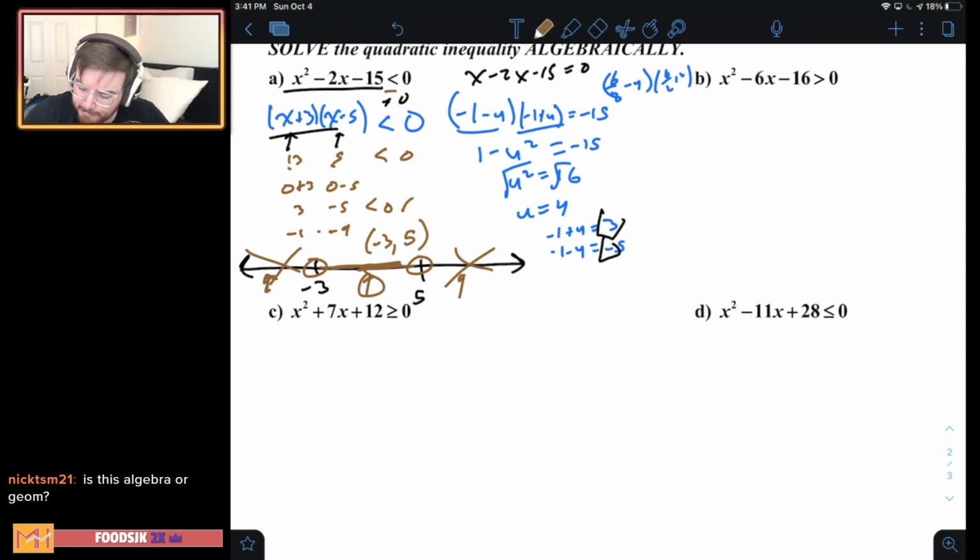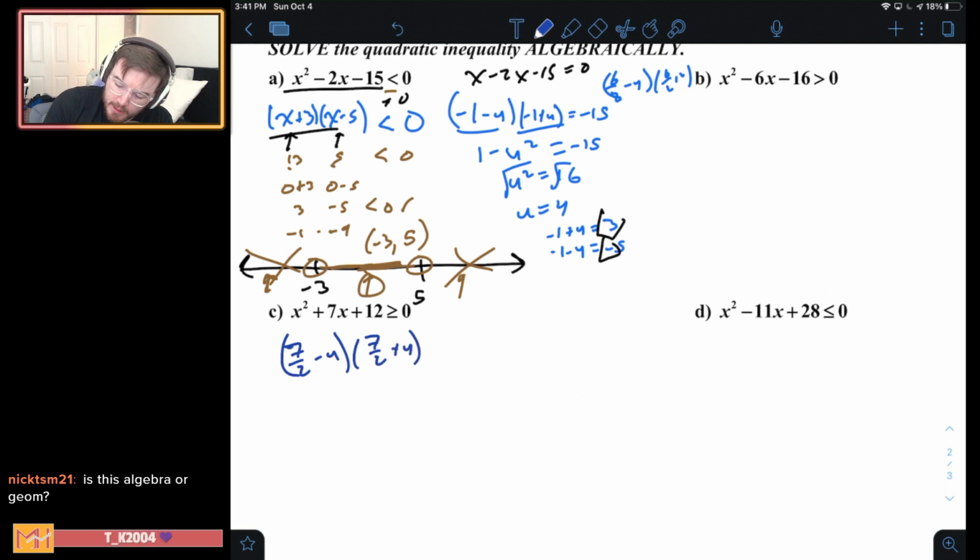I'll do another one the same way. So 7/2 minus u, 7/2 plus u equals c. 49/4 minus u squared equals c.